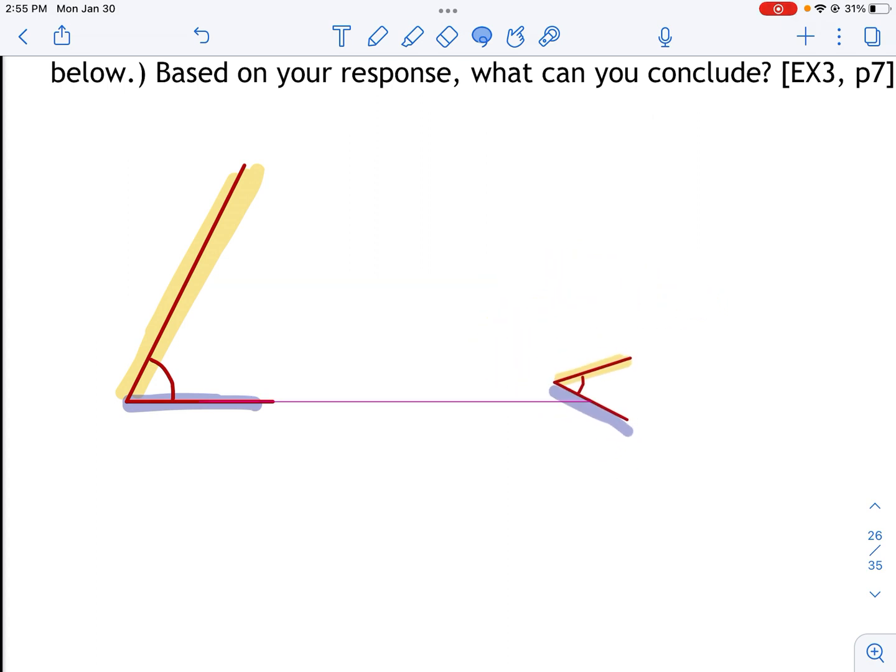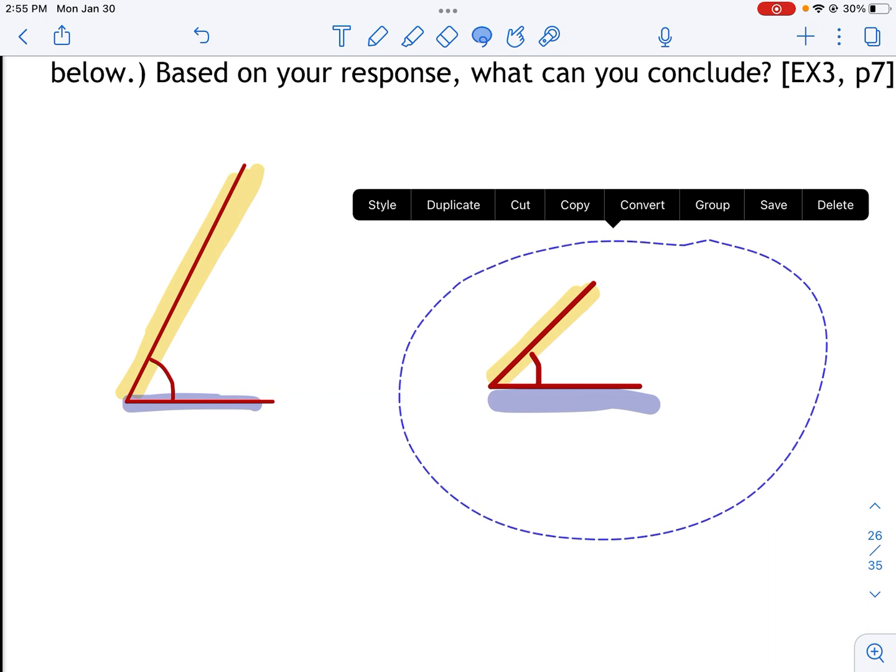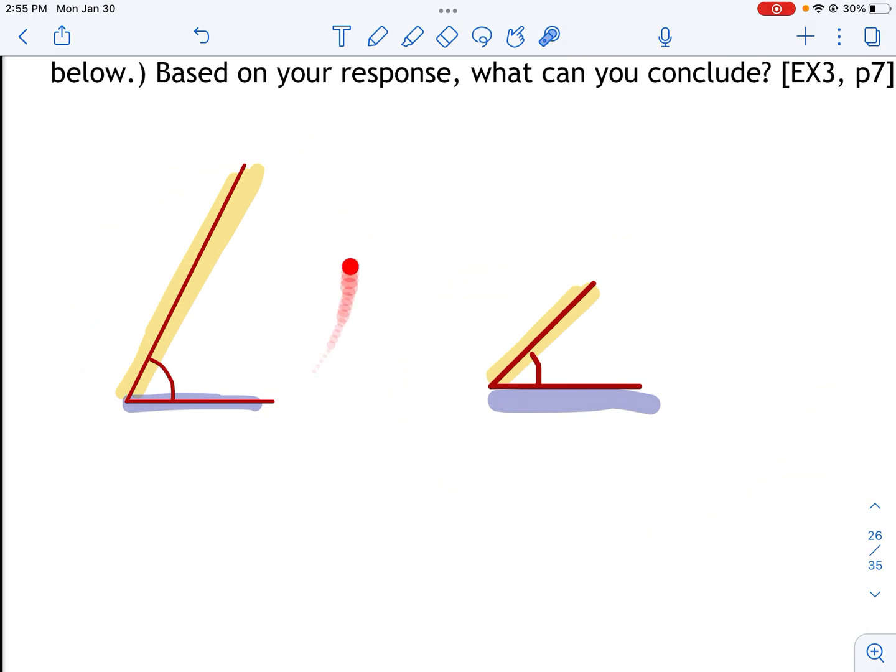So what it means is, can I change this triangle? So using an iPad, can I make it bigger, turn it, make it smaller? Can I do anything to this to make it where it won't match this left triangle?